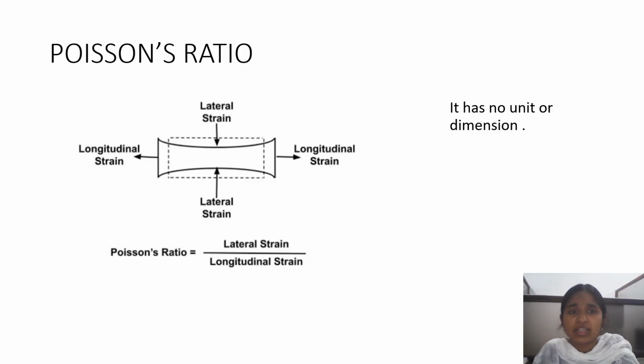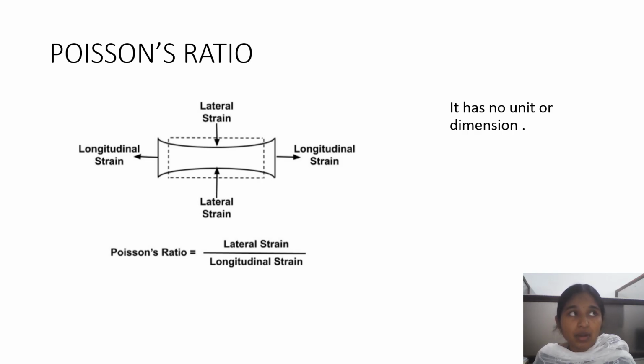Next, we have a very important topic, which is Poisson's ratio. Poisson's ratio is the ratio between lateral strain and longitudinal strain. So when it comes to lateral strain, as you see in the figure here, you can see that it is the lengthwise, and longitudinal strain, it is the widthwise.